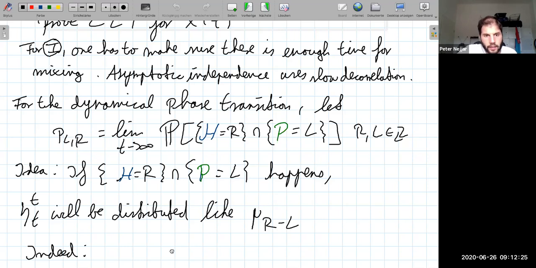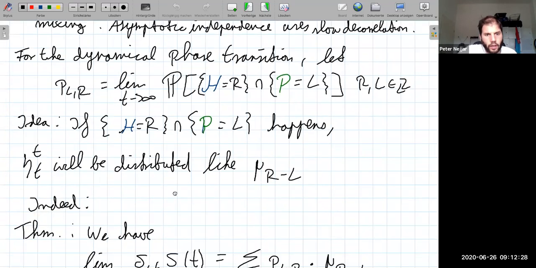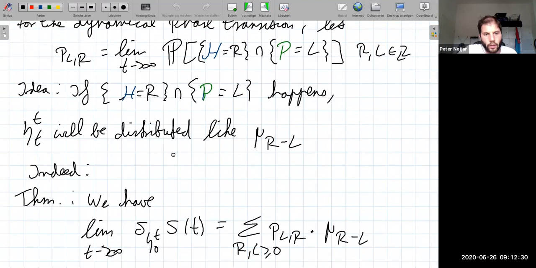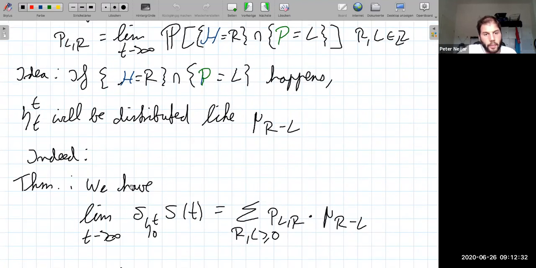And this intuition turns out to be true. So if you look at the limiting distribution of this ASEP when time goes to infinity, this is going to be distributed as an infinite linear combination of these conditioned product blocking measures.